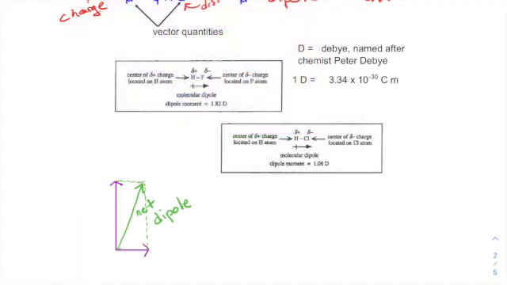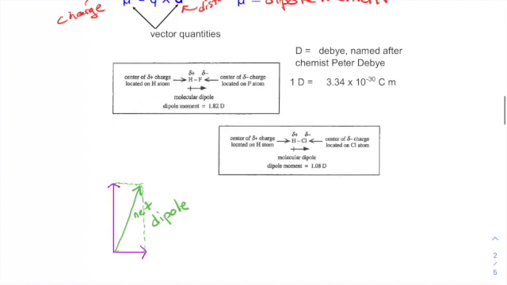If I have three of them, like in my trigonal planar geometry, first I'm going to finish my parallelogram.